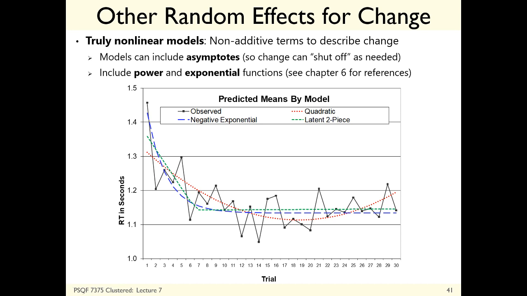Those are way harder to fit, but they're good in the sense that they have, as one of their parameters, an asymptote. So rather than the quadratic, like saying you're going to come back up, the exponential says, no, once you're done changing, you're done. And you can measure individual differences in where you end up, as well as individual differences in where you start, or how fast you change, or the total amount of your change. And so those are what's known as truly nonlinear models.